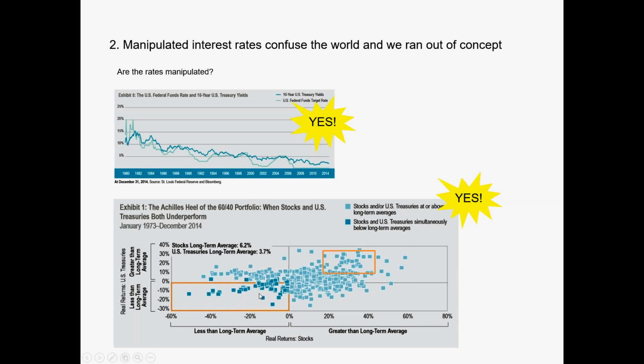Stocks are going down and US treasuries are going down too. So there you see that this typical mix of bonds and stocks, that bonds are not a good diversification to stocks anymore. And in these manipulated markets, I think that's not really surprising.